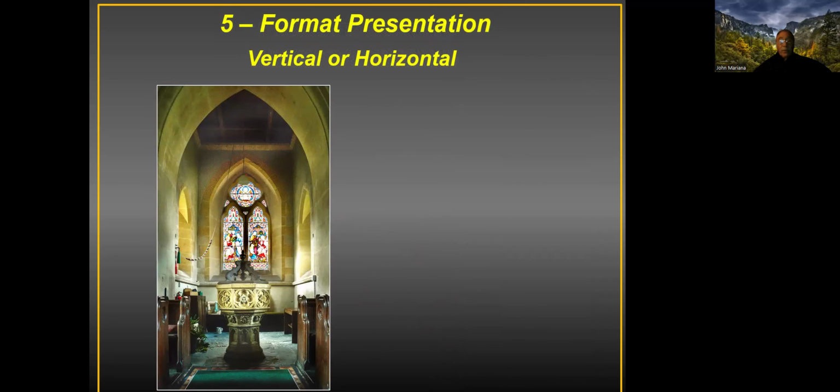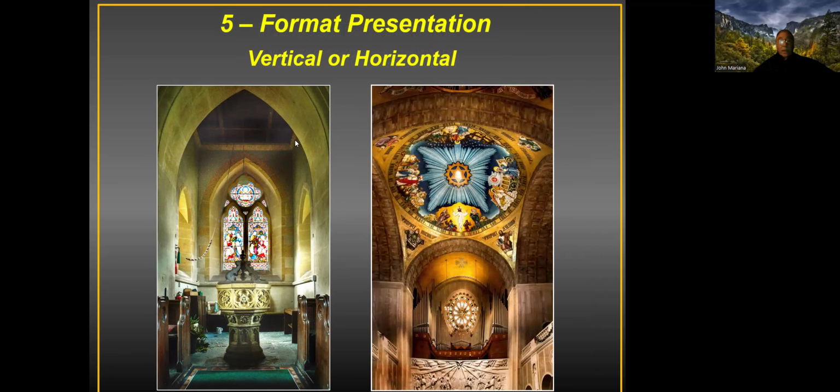So very strong verticals. What's important to the image on the left is I kept the peak in the image so that it wouldn't just be cropped off at the top. And that archway pushes you down to the main portion of the image. And on the right, that curve at the top.